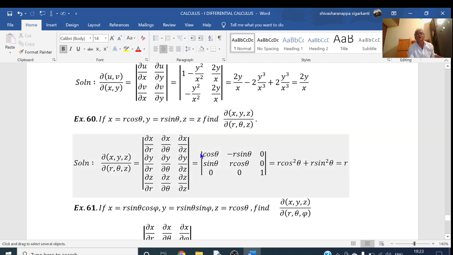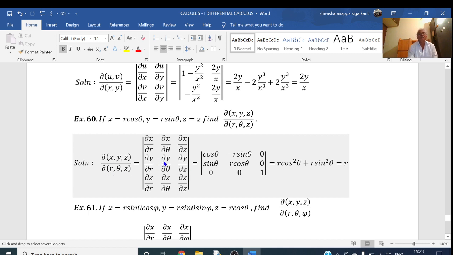So this is our cos theta. ∂x/∂θ, differentiating x with respect to theta, r is a constant quantity, cos theta derivative is minus sin theta. This becomes minus r sin theta. Okay. Then what is ∂x/∂z? There is no z term, therefore ∂x/∂z is equal to 0.